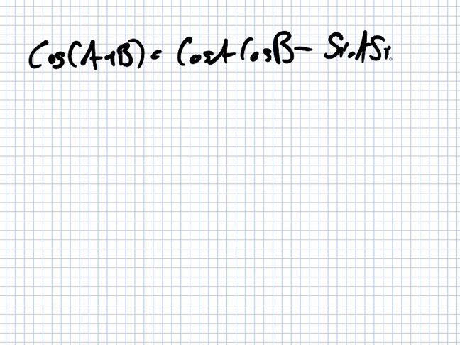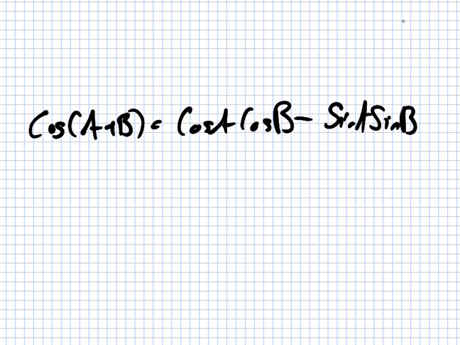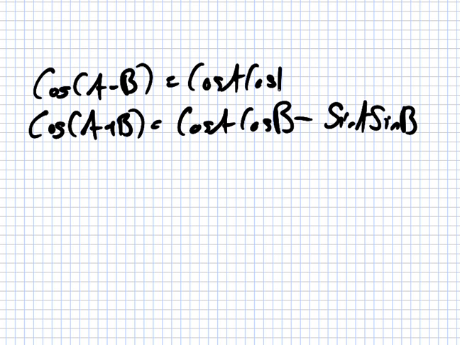cos(A+B) is cos A cos B minus sin A sin B. And what do I have in the question? Sine, isn't it? Yeah. cos(A-B) is cos A cos B plus sin A sin B. These formulas are in the formula book.